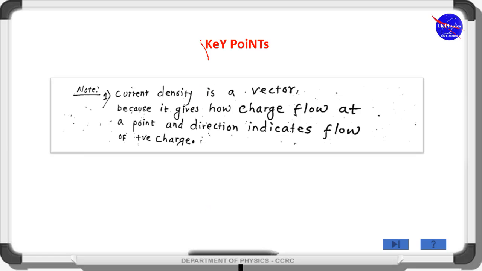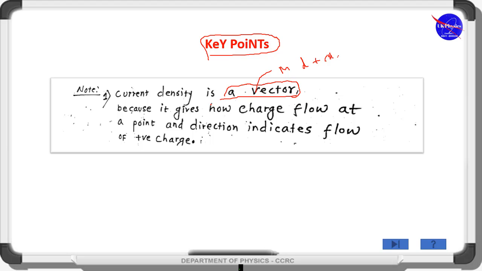Now we are going to discuss some key points. The first one is that current density is a vector. For any physical quantity to be a vector, it must have magnitude, it must have direction, and it must obey vector algebra.